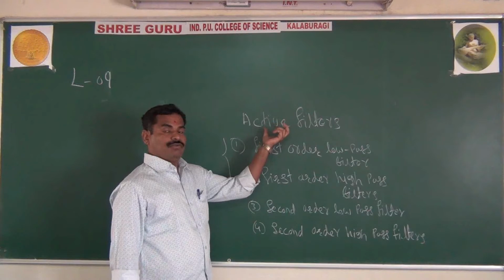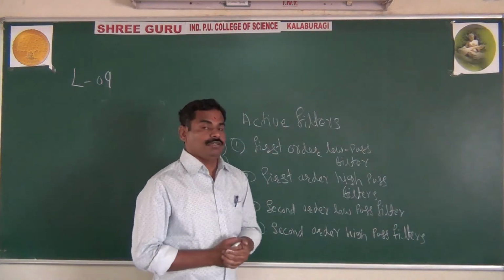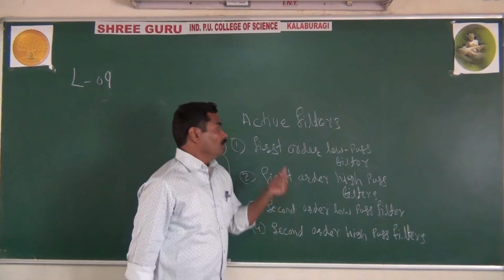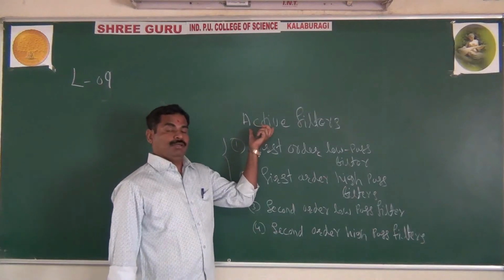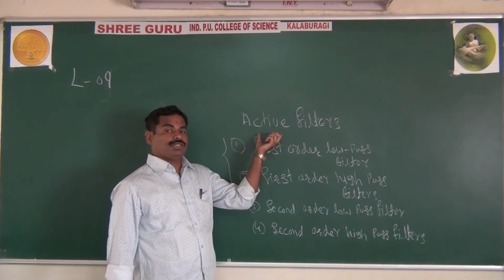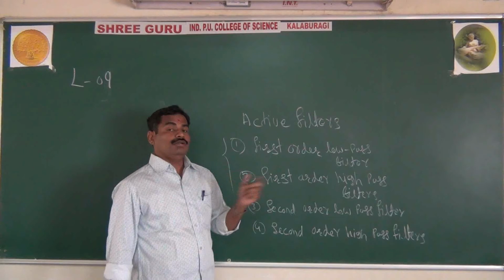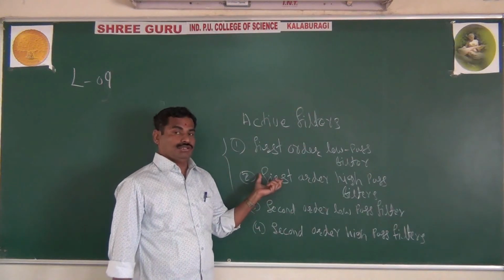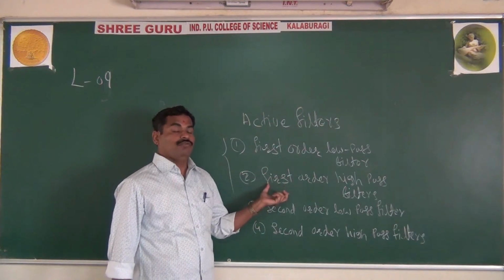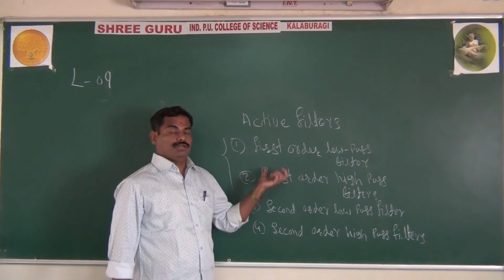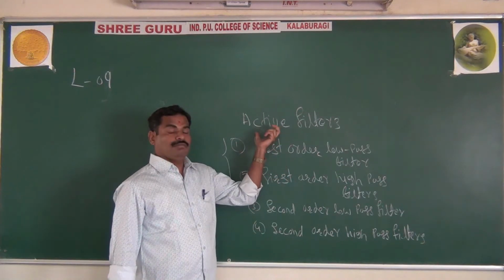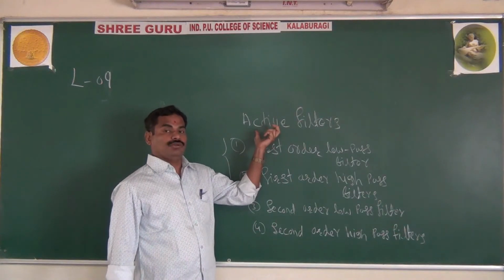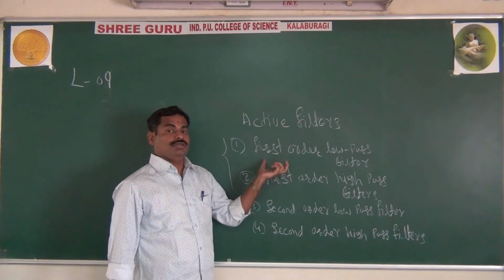What I said, an active filter is a type of filter in which you are using an active component. It may be an operational amplifier or a transistor or FET, along with the R and C combination, which is the passive RC filter.